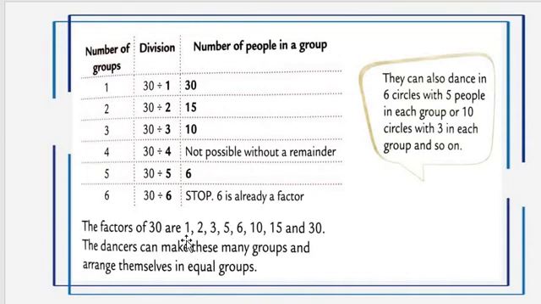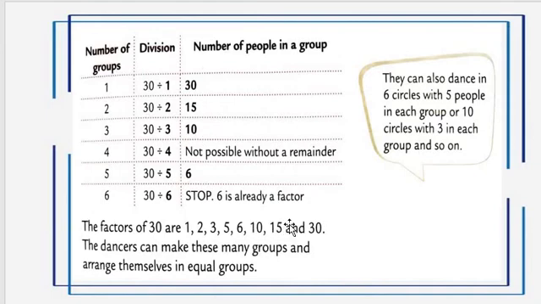So 1 30 is 30, 2 15s are 30, 3 10s are 30, 5 6s are 30 or 6 5s are 30. So 5 and 6 both will become factors, and 6 4s is not possible without remainder. Okay, dear students. And 10, yes 10, where 3 tens or 10 threes are.